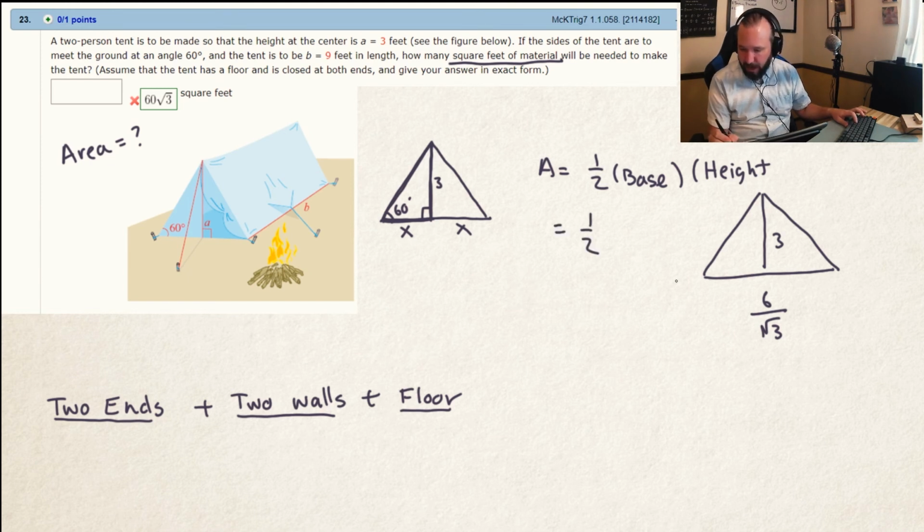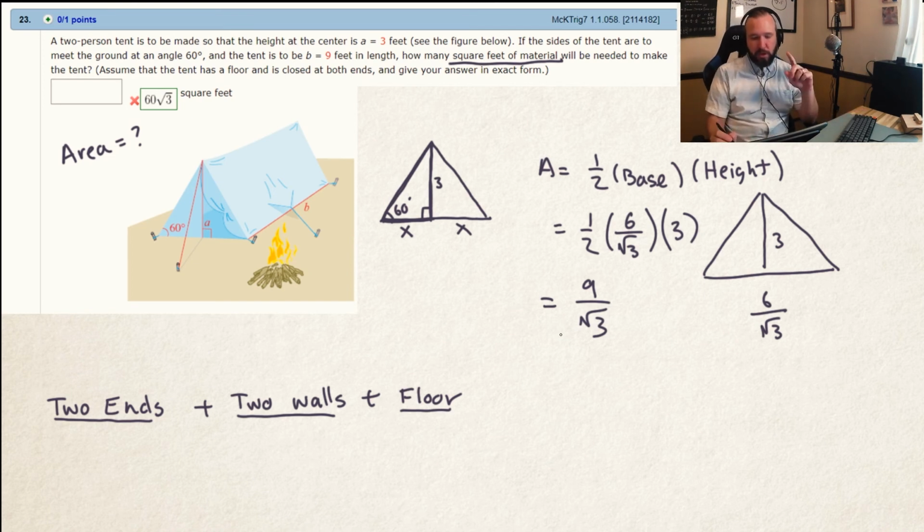So this is 1/2. The base is 6 over the square root of 3. And the height is 3. So I'm getting 9 over the square root of 3. So that's just for one of the ends.